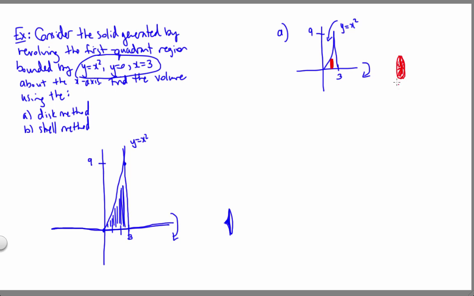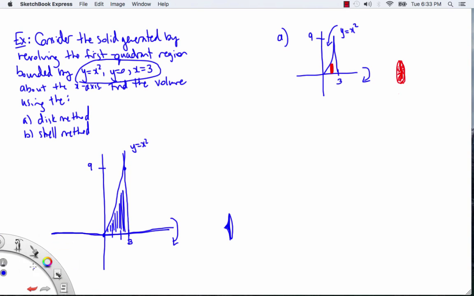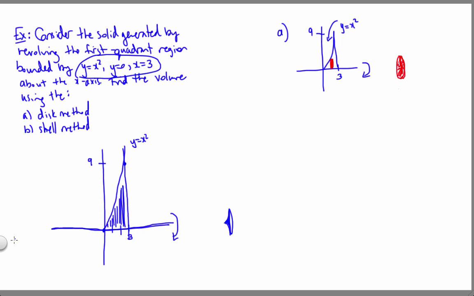So let's think about the dimensions of our disk. The radius of this disk here is going to be represented by that dimension there, which will be y, and the thickness of our disk is going to be dx.